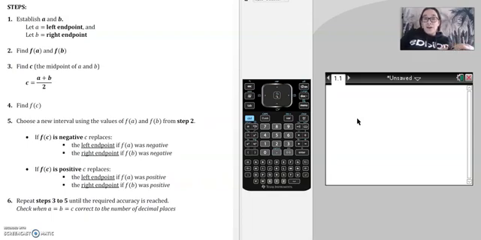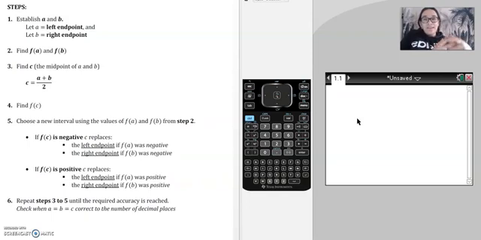And if the Y coordinate of your C is positive, it will replace the left endpoint if F of A was positive, or the right endpoint if that was positive. So your new Y coordinate will replace the old Y coordinate that shares the same sign. But I'll explain that as we go.